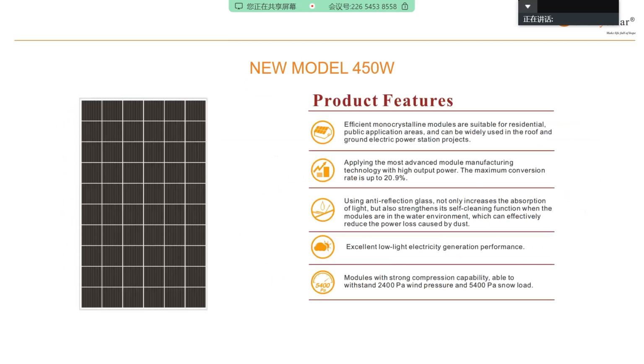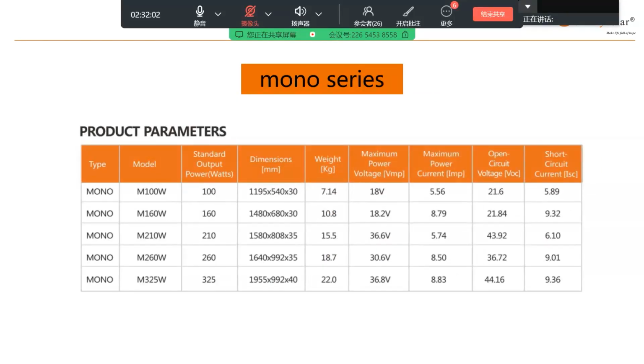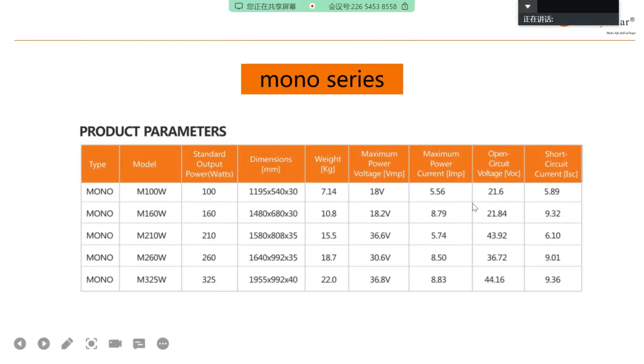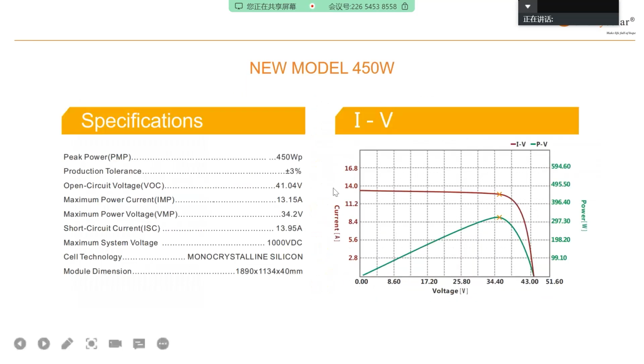You can check here, most of the panels' maximum current IMP is 8.8 amps, less than 10, but this one's IMP is 13 amps. And the model size is almost the same as the 325, which means you can get more power from the same area.